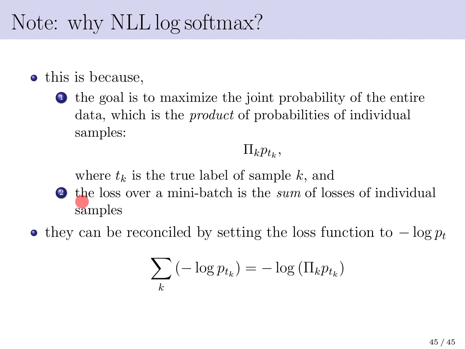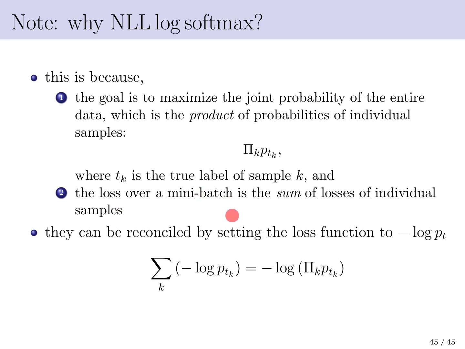The other thing you have to note is that the loss over a mini batch, or the entire data set for that matter, is the sum, not the product, of losses of individual samples. This is precisely how we define the losses over the data set, whether it's a mini batch or the entire data set.